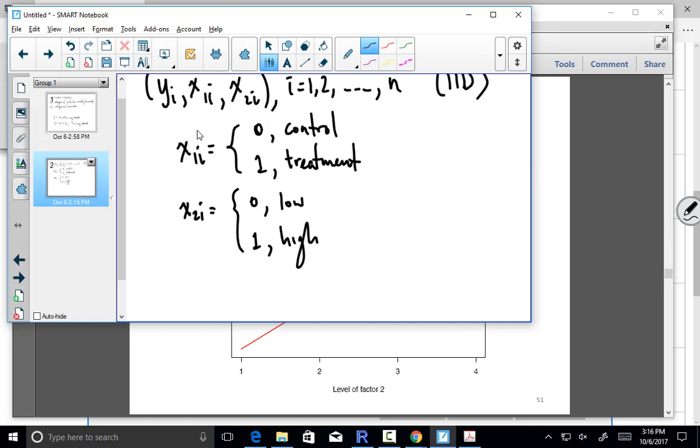Here is a model. I could say the ith response is equal to an intercept plus a coefficient for x1 and another coefficient for x2 plus random error.